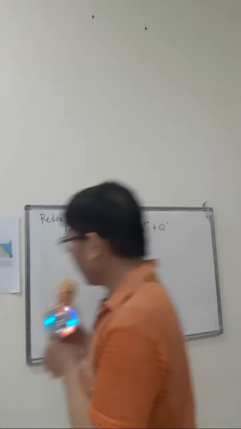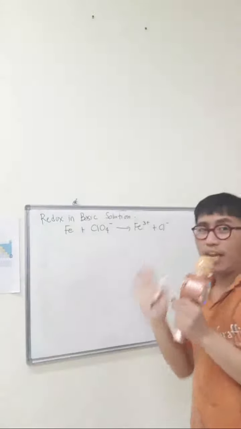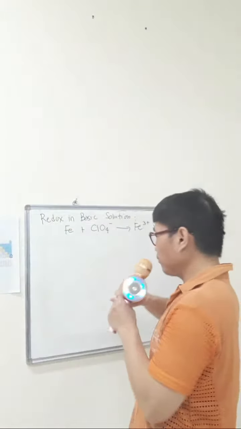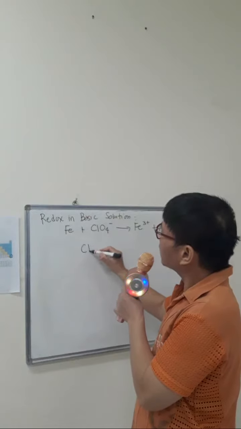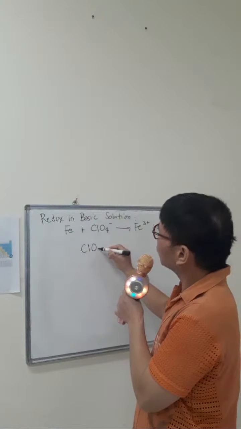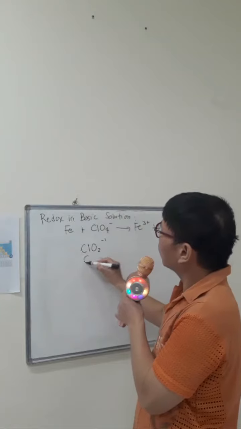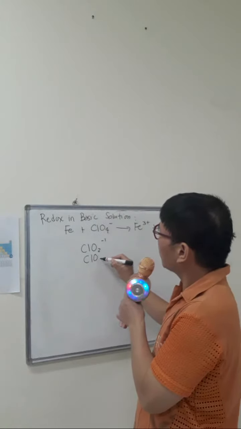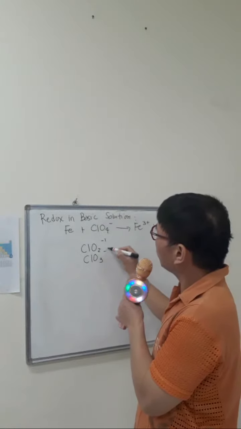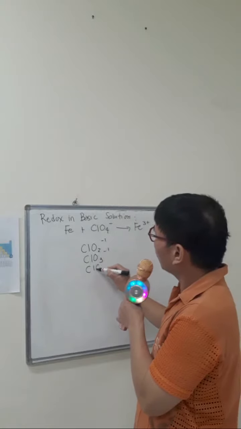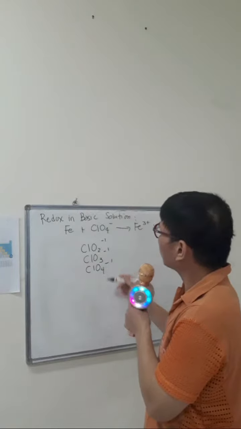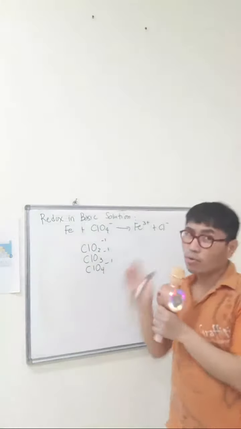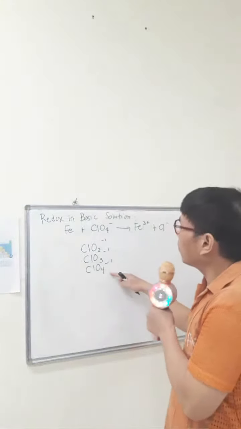So, for example, we have the same group: chloride, Cl negative 1, chlorate, ClO3 negative 1, and perchlorate, ClO4 negative 1. Or you can say also tetroxychlorate, but it is most commonly known as perchlorate.